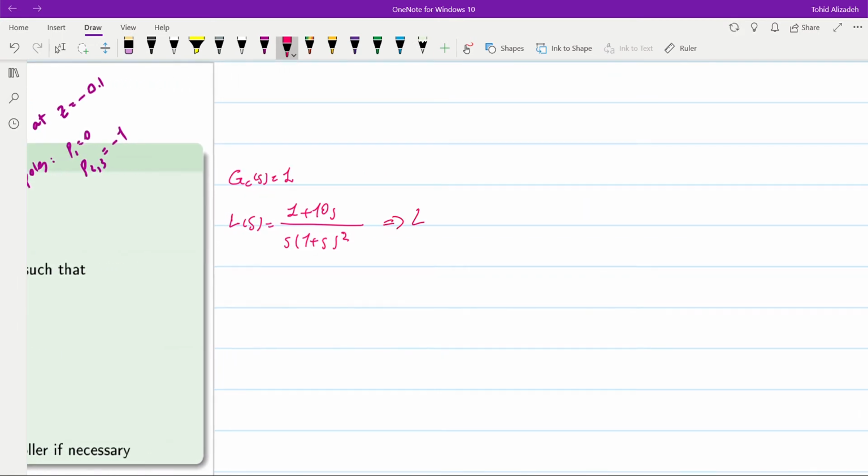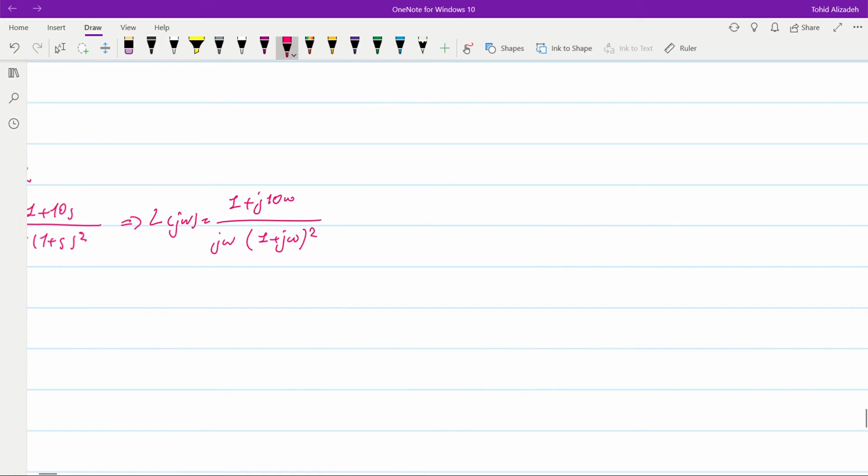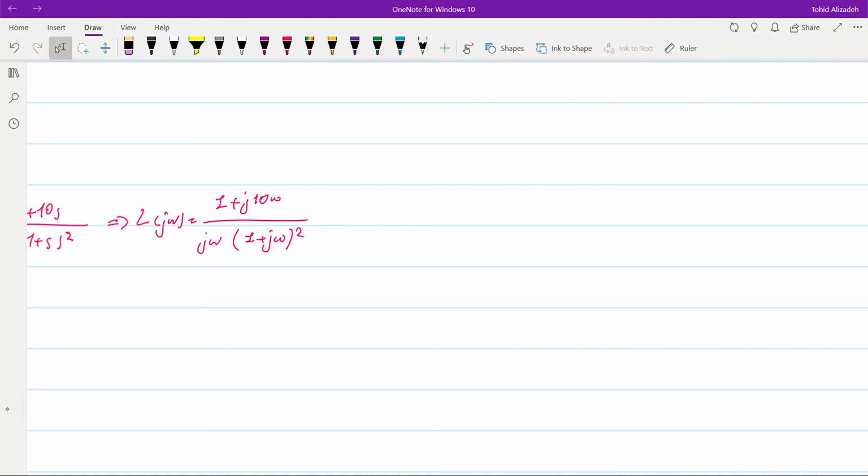Therefore L of j omega will be equal to (1 plus j 10 omega) over j omega times (1 plus j omega) squared. We have 4 components here: 1 zero, 1 pole at the origin and 2 poles at omega equal to minus 1.